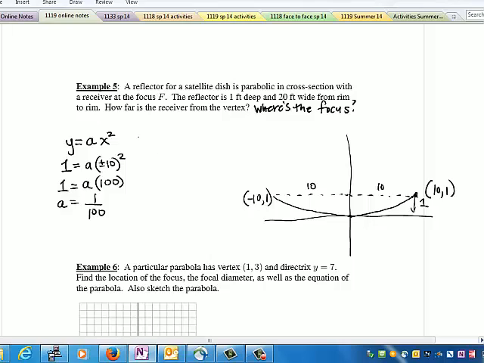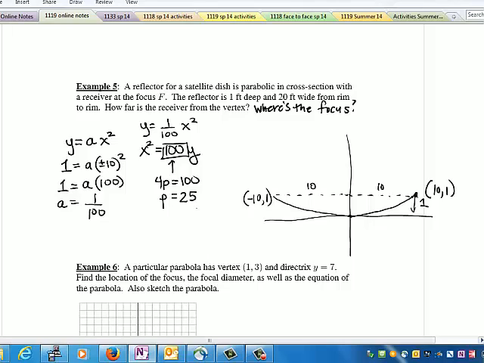So we're looking at y equals 1/100th times x squared, or if we look at it another way, x squared equals 100 times y. So what we can see is that 4p would be 100. So the value of p for this parabola would be 25.